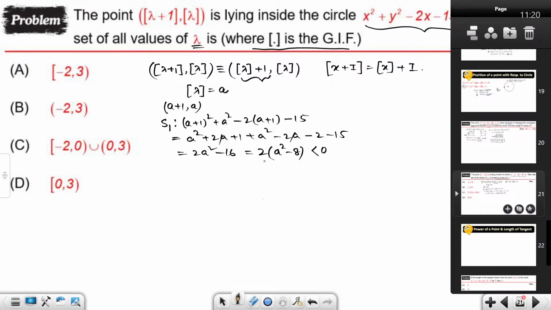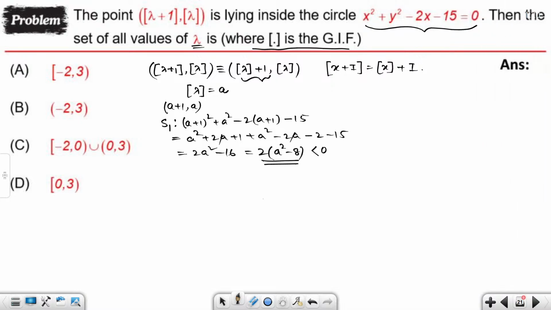S1, this is our S1. This S1 is inside the circle. Therefore, it has to be less than 0. It implies what? a square minus 8 is less than 0 implies what? a square is less than 8.